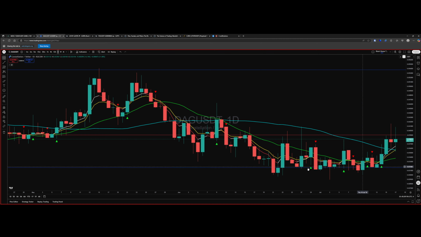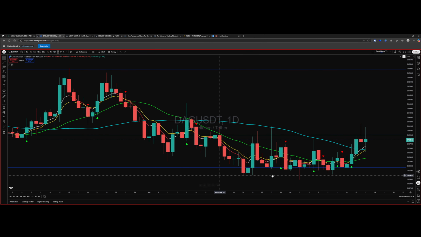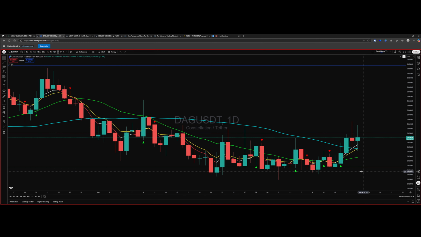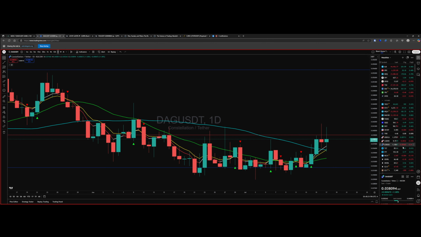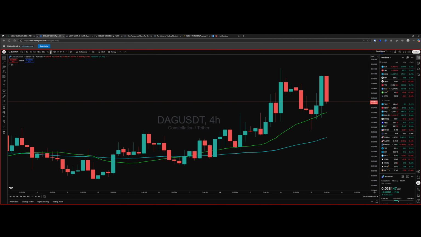But that's a nice base there, and you're getting a break of the 50. And you're trading, and you held it. It's not like you popped above it and then completely fell and capitulated. That's not what it did. So that's bullish, in quotes, right? And all of this stuff is for now, right? It's bullish for now until money leaves, right?